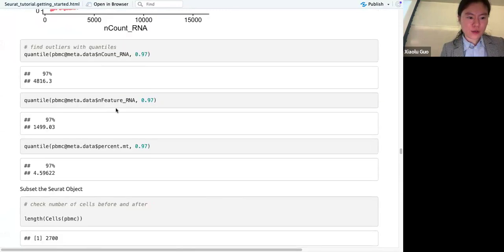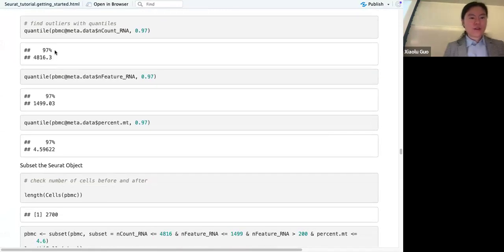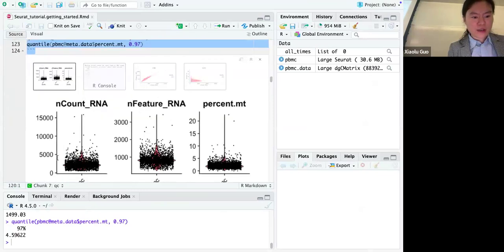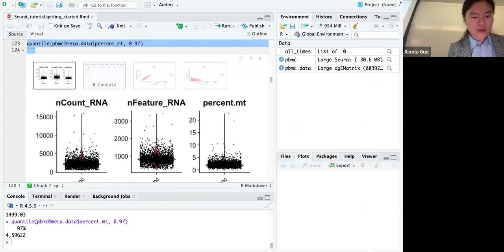Yeah, so for example, for the mRNA count, the 97% quantile is this number, 4,800. That means with this threshold, all of these are higher than that value.